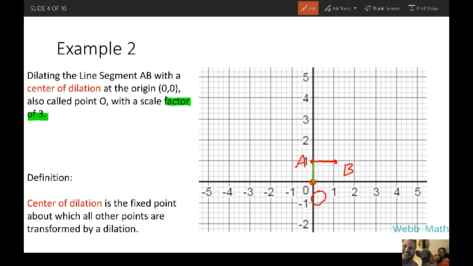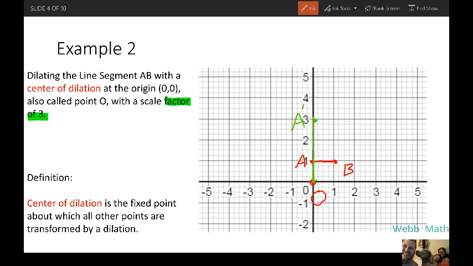So what's 1 times 3? Well, that's 3. So your distance is going to be 1, 2, 3 times further out compared to A. So your new point, A prime, is going to be 0, 3.